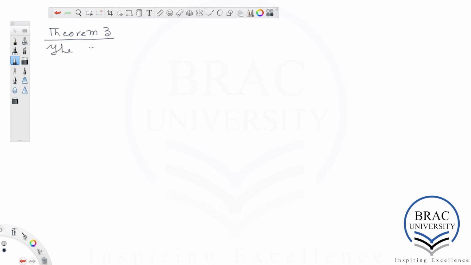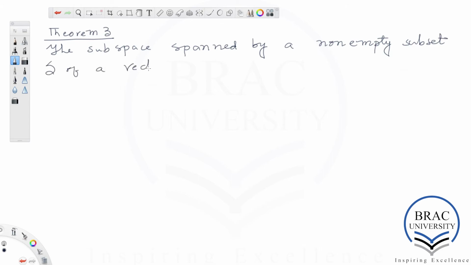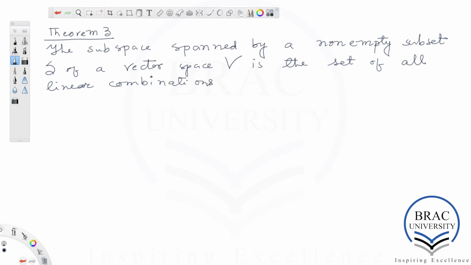The subspace spanned by a non-empty subset S of a vector space V is the set of all linear combinations of vectors in S.